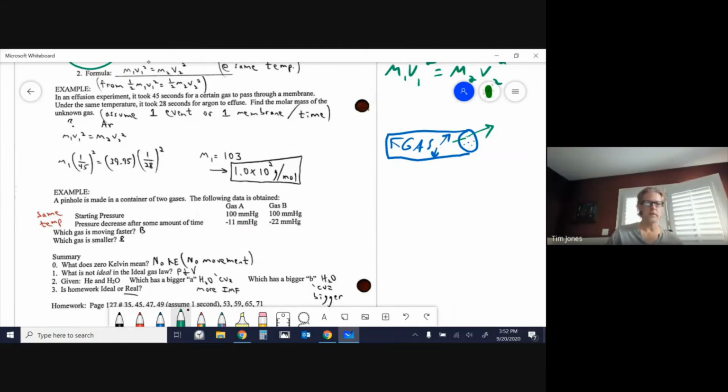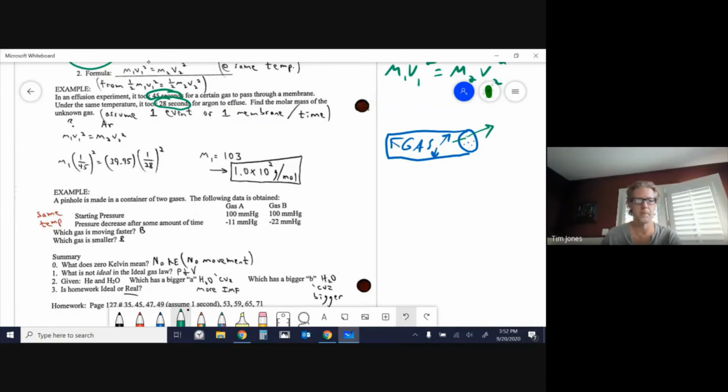A particular gas takes 45 seconds to completely pass through the membrane and exit the tube. Another gas takes 28 seconds. This gas is argon. Find the molar mass of the unknown gas, which was the first gas.